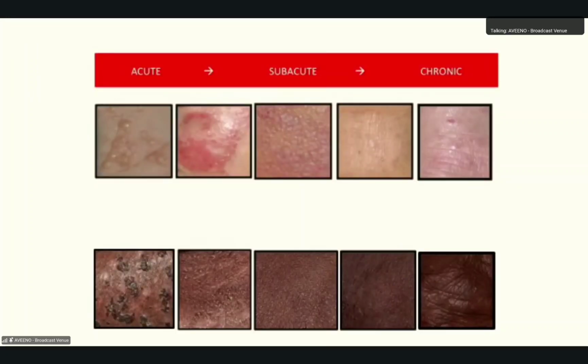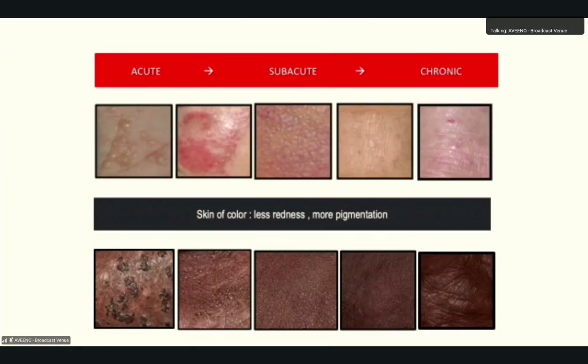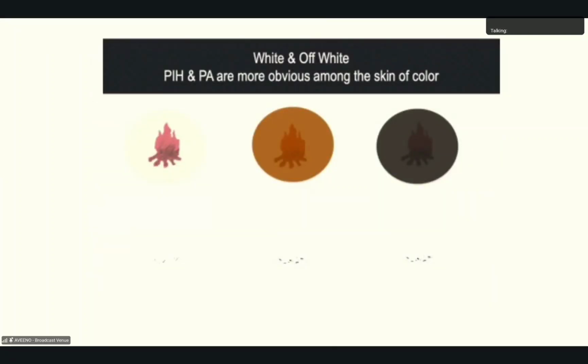As mentioned just now, another difference is the post-inflammatory hypo- and hyperpigmentation. They're more likely to develop clinically obvious hypo- and hyperpigmentation. In fact, some patients with hyperpigmentation come in asking for medication to remove the hyperpigmentation rather than the inflammation.